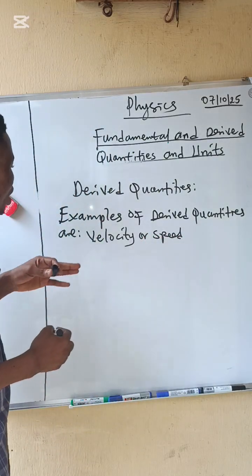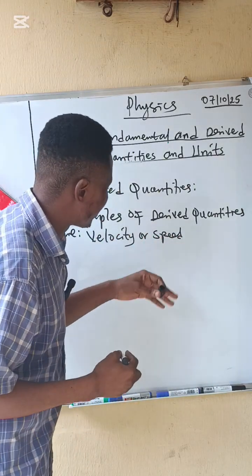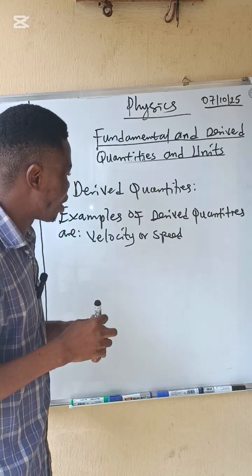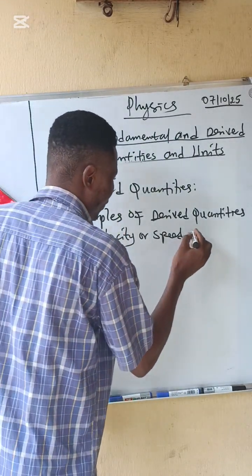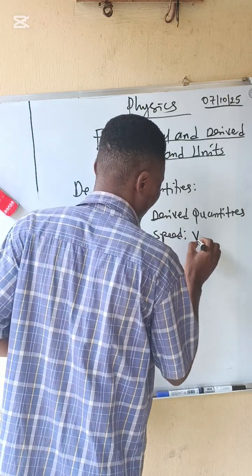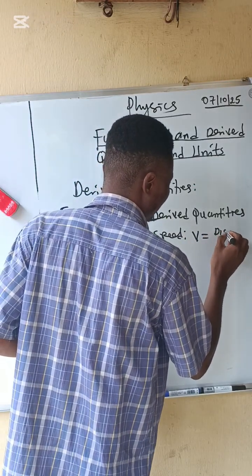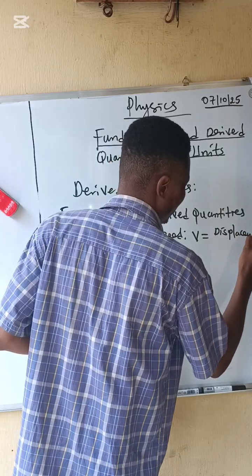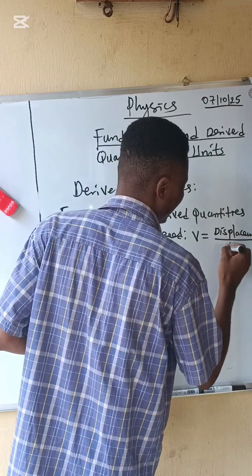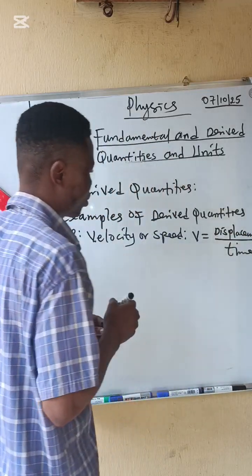The reason why we say that velocity is a derived quantity is that for you to have velocity, remember that v is equal to displacement over time taken.